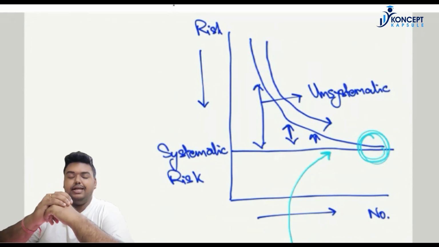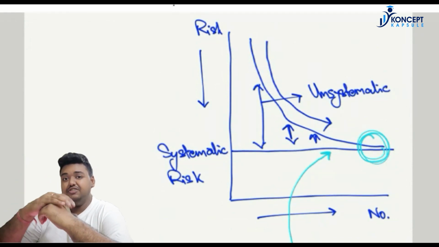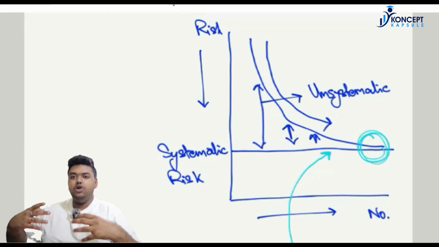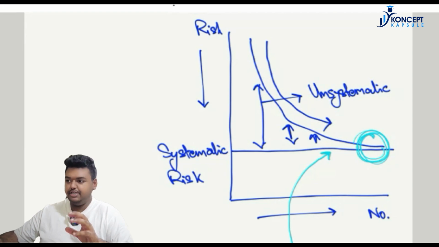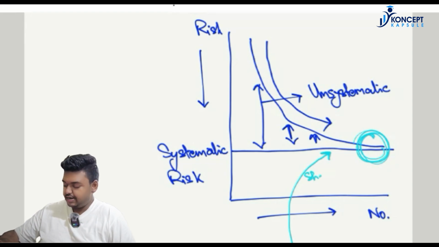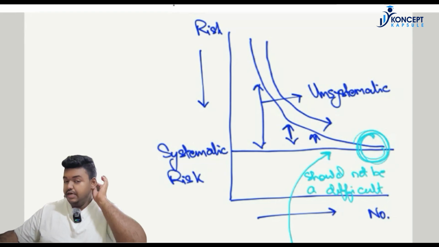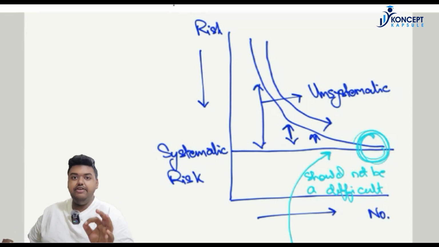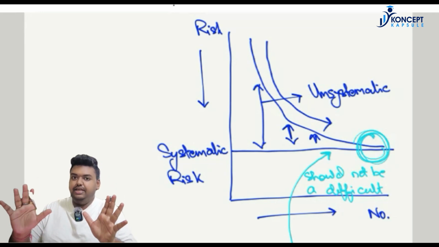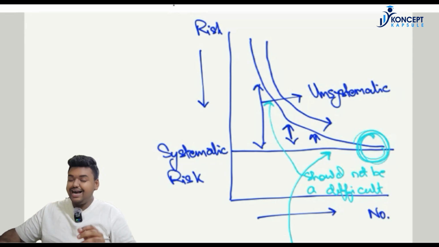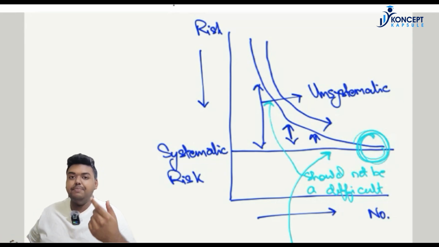Since the capital market theory is saying that diversification is free of cost, reaching a point where your total risk is just as close to your systematic risk should not be a difficult task, correct? If it is not a difficult task and if it is free of cost, then the capital market theory is saying that even though it is free, if you are not doing it and you are taking a higher risk, then why should we compensate you for it?